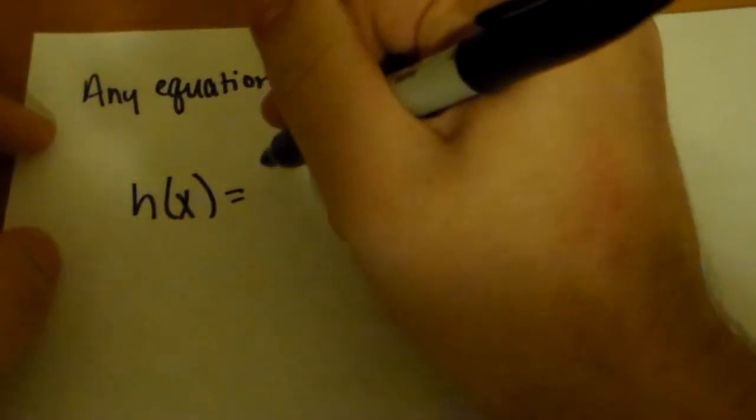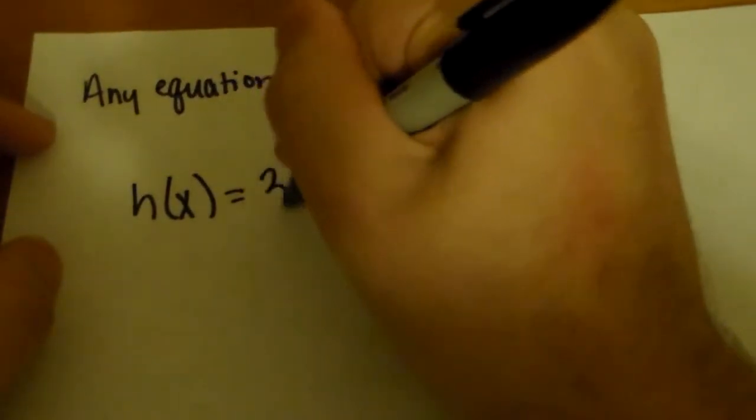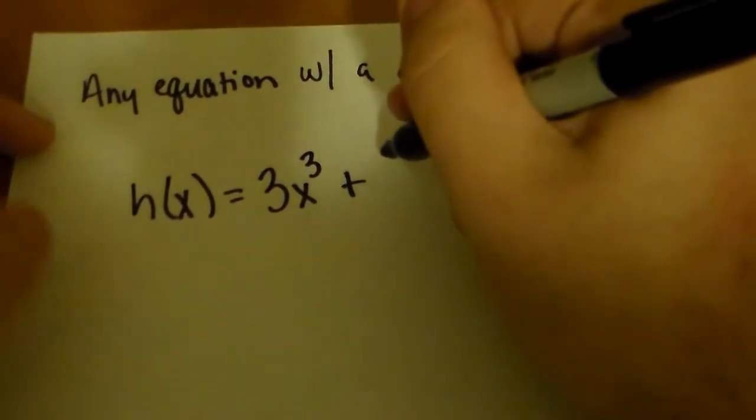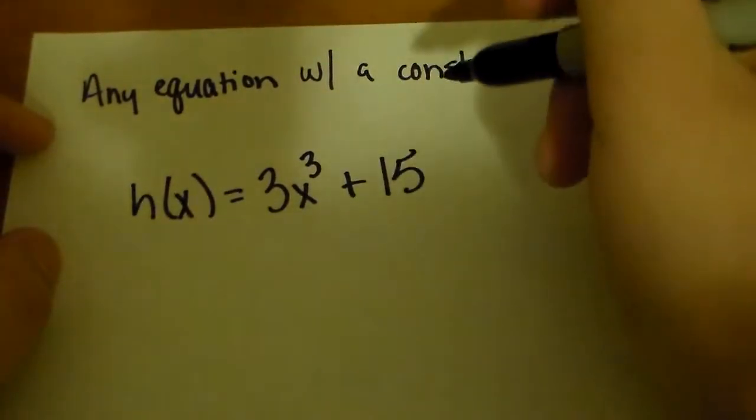So we're going to do h of x equals 3x cubed plus, let's say, 15.